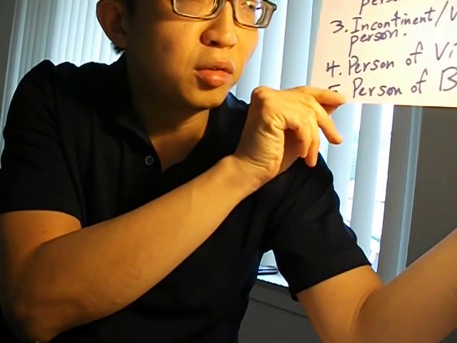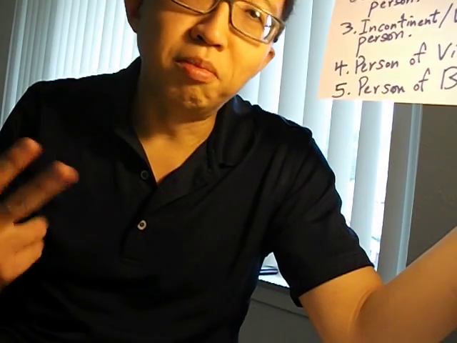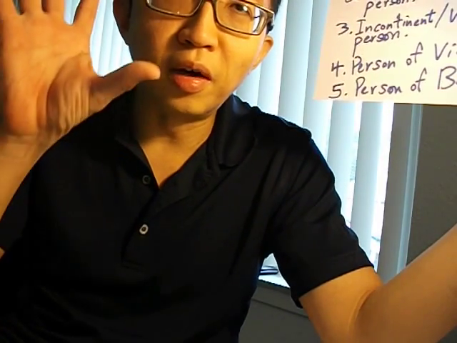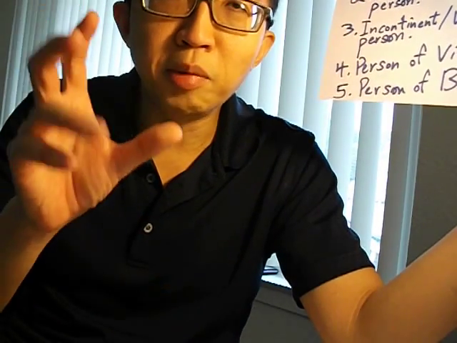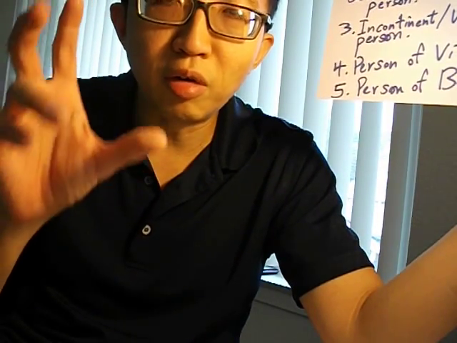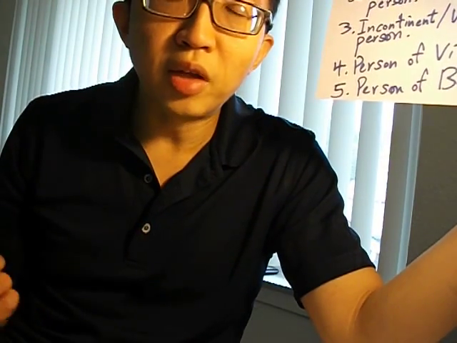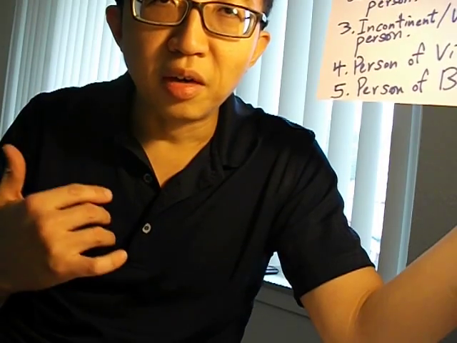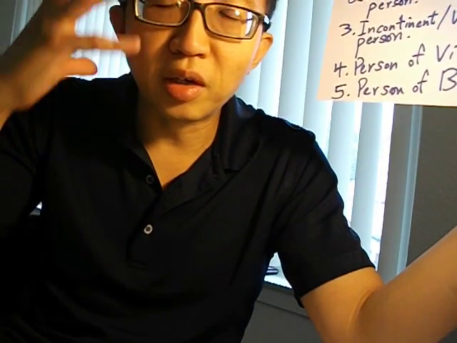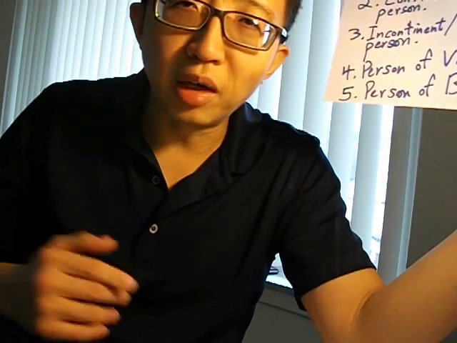And then next down the line, lastly, there is the person of bestiality. Now the person of bestiality is somebody who, because of some kind of psychological condition, is incapable of being educated and being trained to become virtuous. So in Aristotle's time, he believed that there are certain barbarians, non-Greek peoples, who are psychologically unsound and who simply cannot be trained to become virtuous.